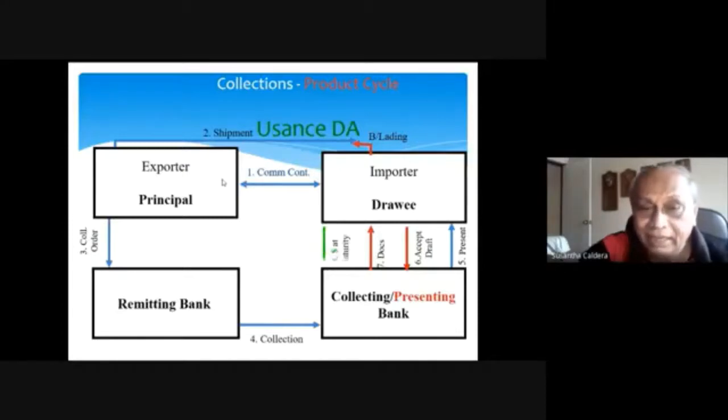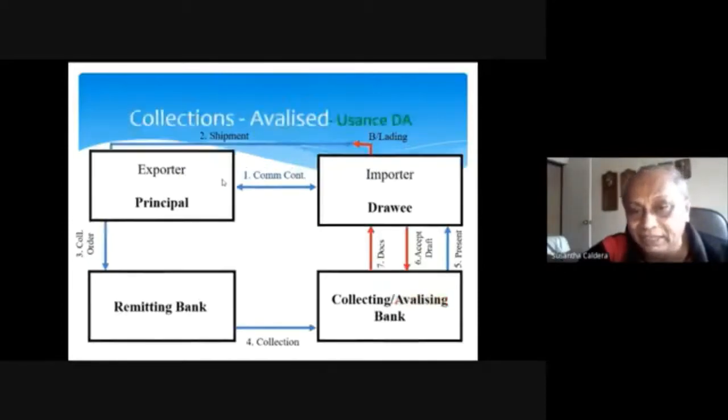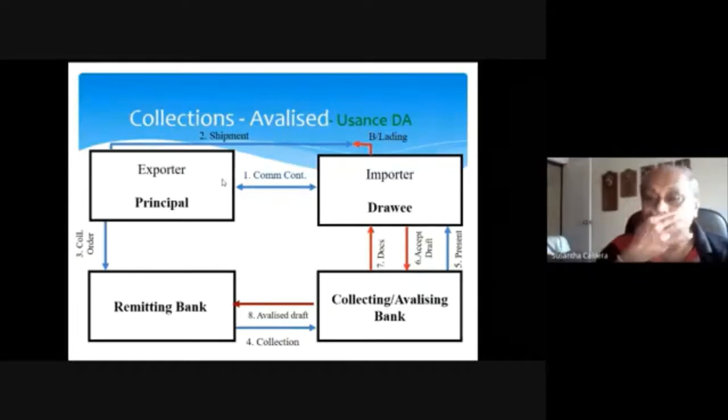But avalization is a different thing. Once the customer accepts the draft, number 6, we give the documents. But before that, we will avalize the draft. The customer has accepted the draft.